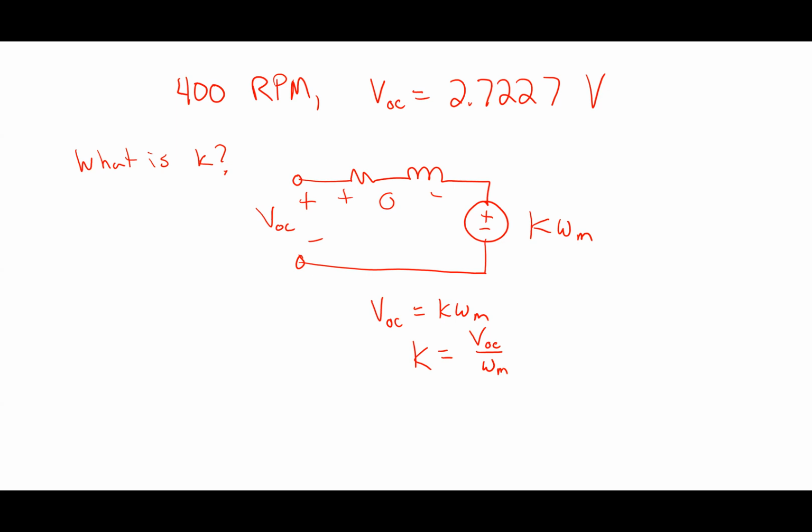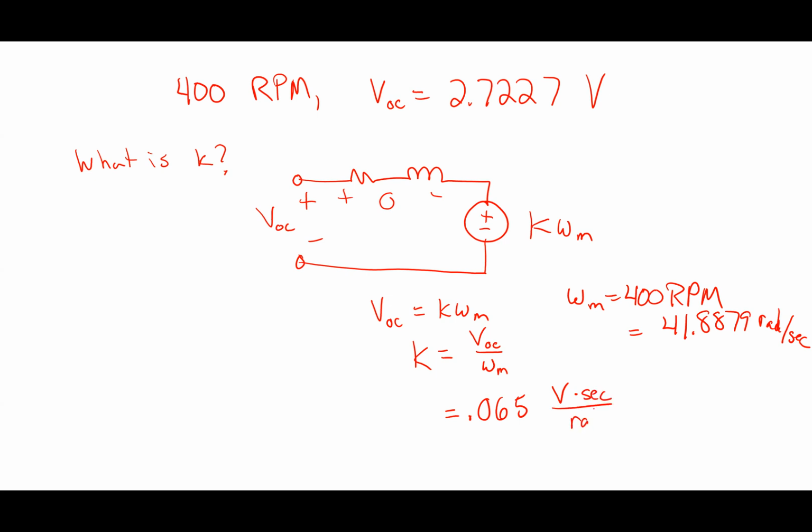So omega M is 400 RPM, revolutions per minute, or 41.8879 rads per second, okay? And that gives me a K value in this particular case of 0.065. And the units on this guy would be volt seconds per radian.